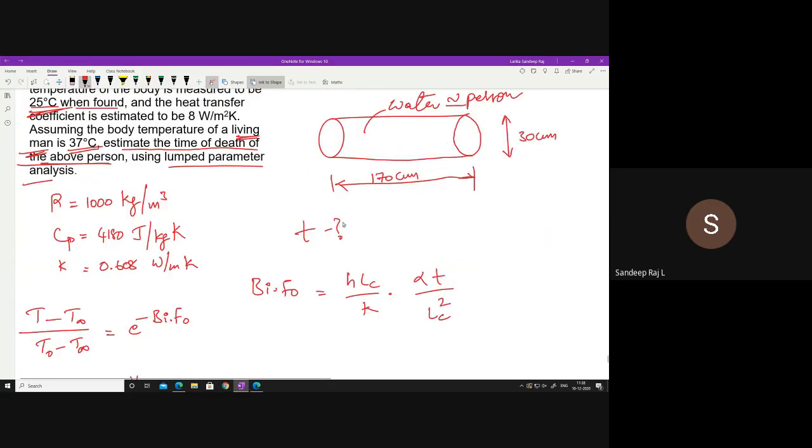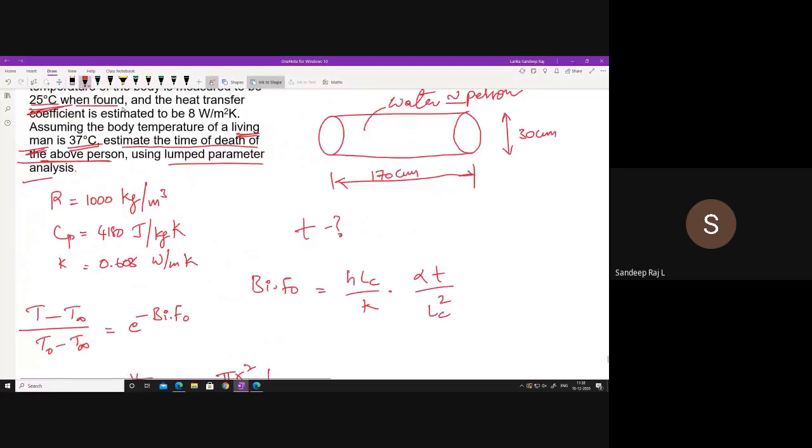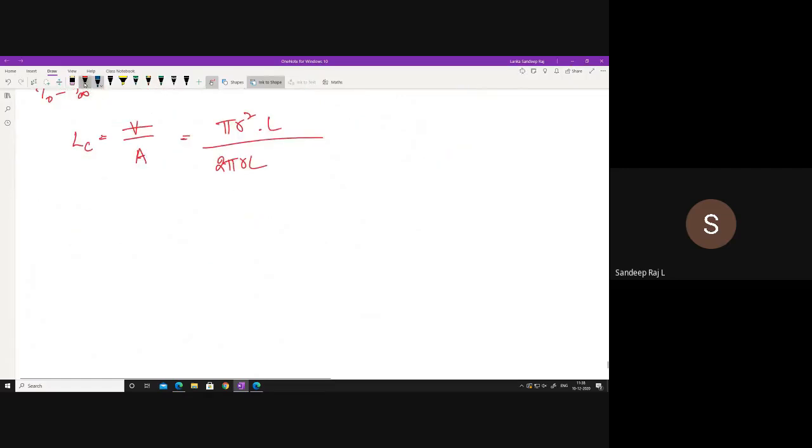The volume is pi r square into L. When it comes to area, you have 2 pi R L, which is this surface, and you also have this area and this area, so you have to add this area 2 times: plus 2 times pi r square.